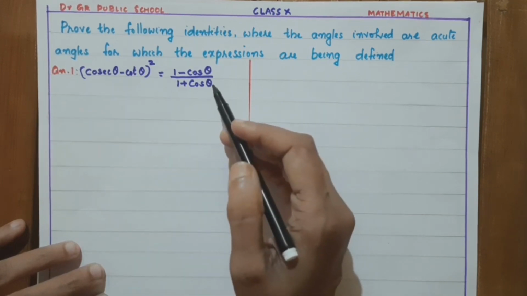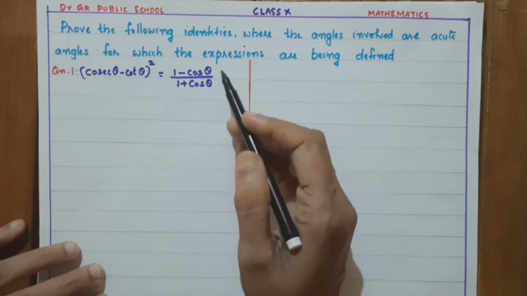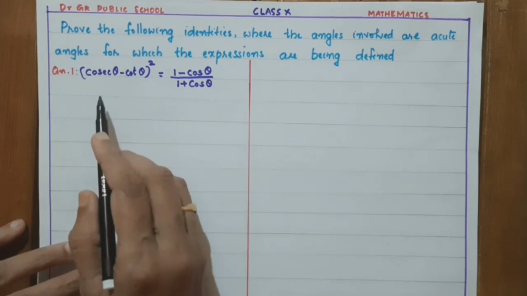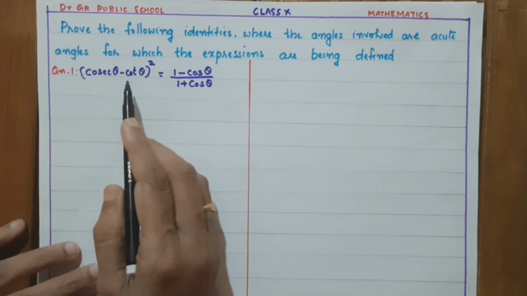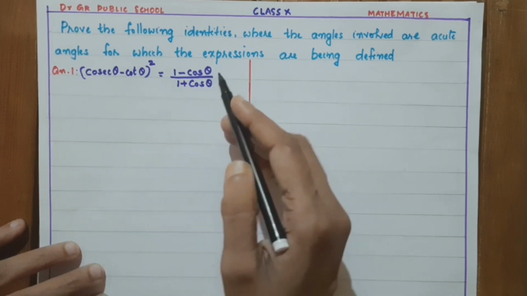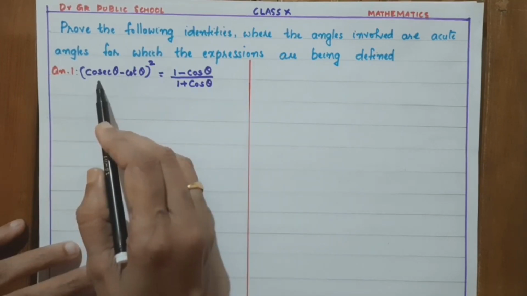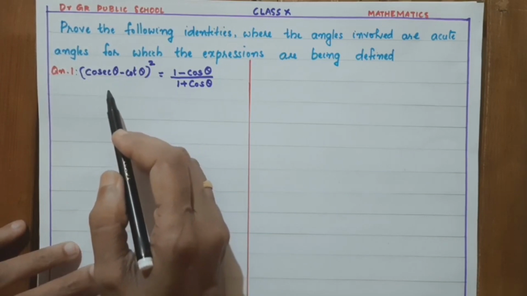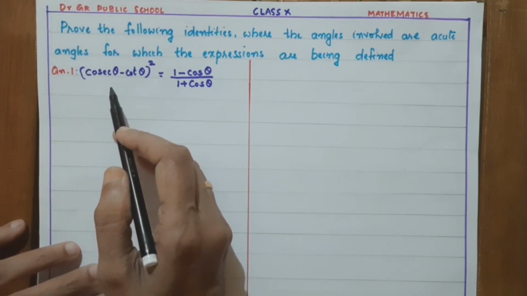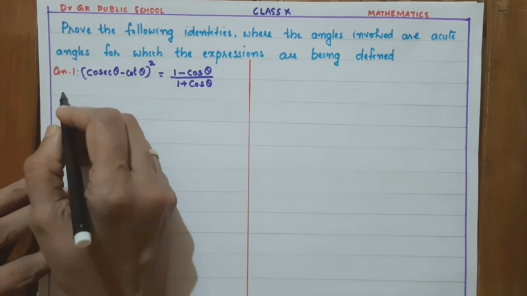If RHS is there for simplification, then you have to consider RHS first. If you are considering LHS, you have to simplify, then you have to reach this RHS expression. Okay, so here you can see cosec theta minus cot theta the whole square. Now I am going to start with LHS. Okay, children, so let us consider LHS.